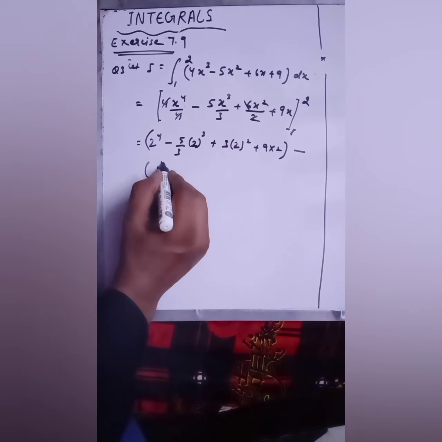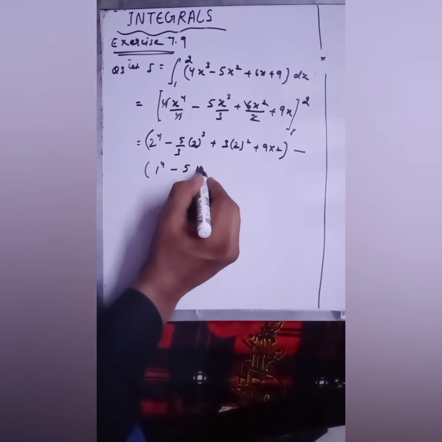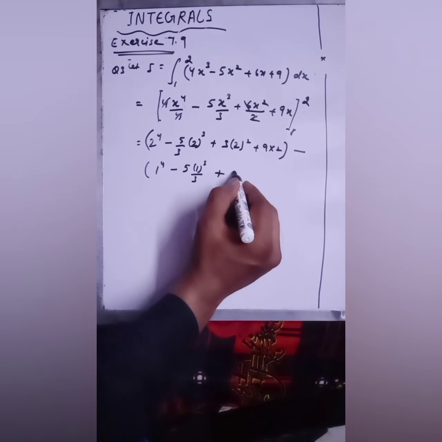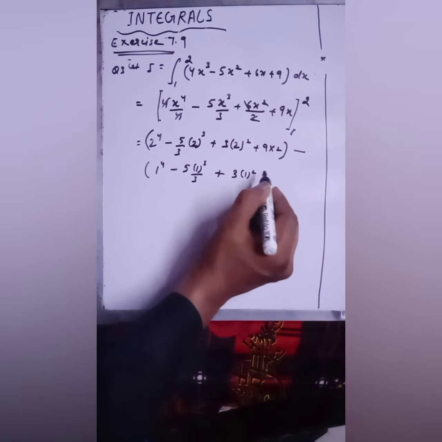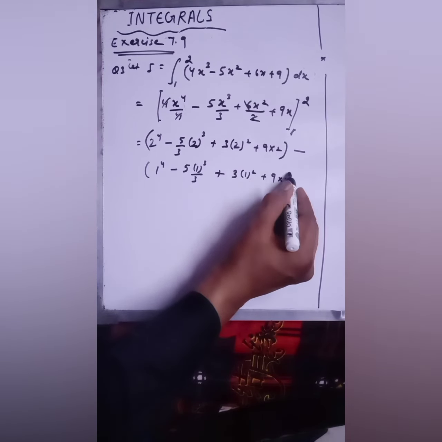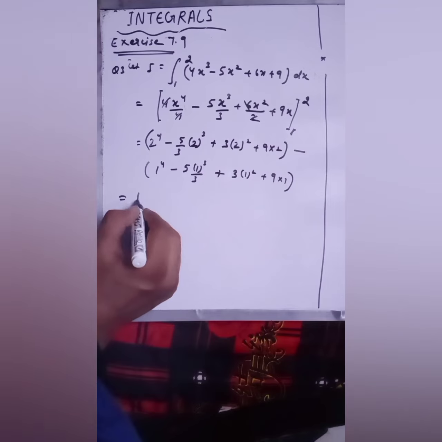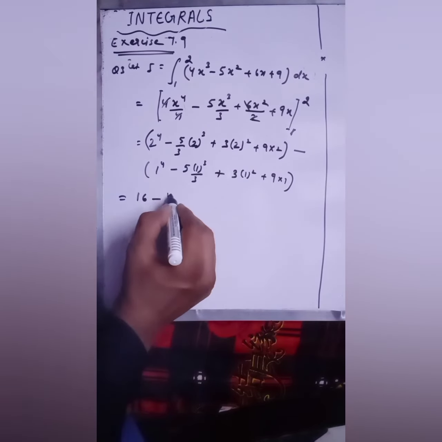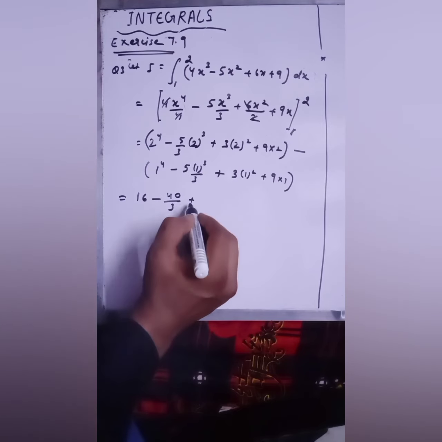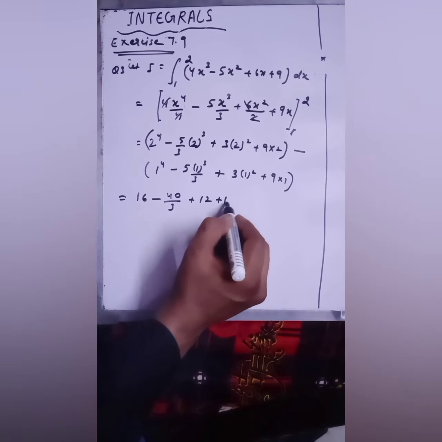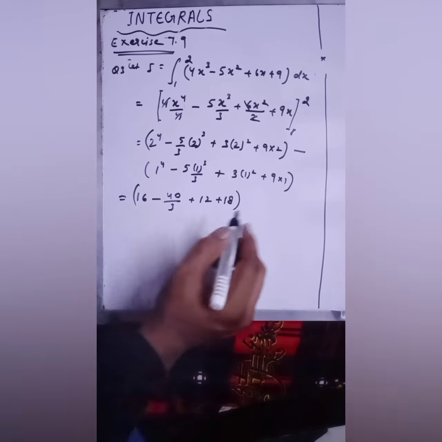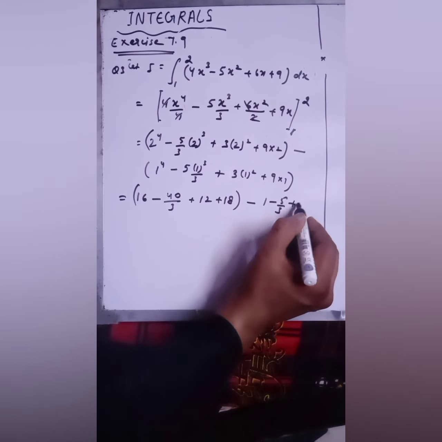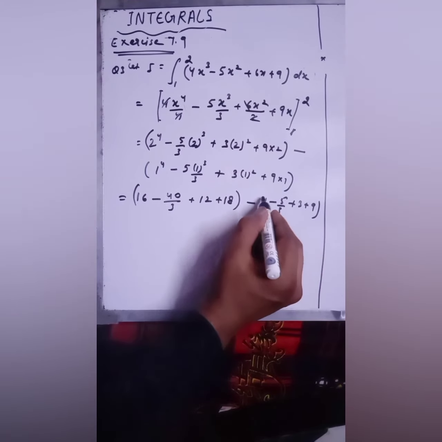It would be 1 raised to power 4 minus 5, 1 raised to power 3 over 3 plus 3, 1 square plus 9 into 1. So this would be 16 minus 40 by 3 plus 12 plus 18. Okay, minus 1 minus 5 by 3 plus 3 plus 9.